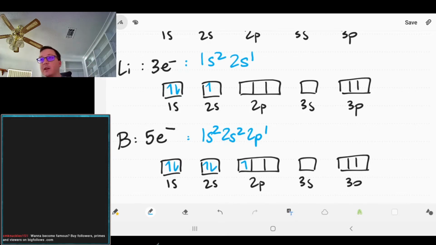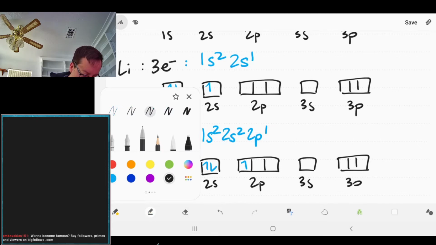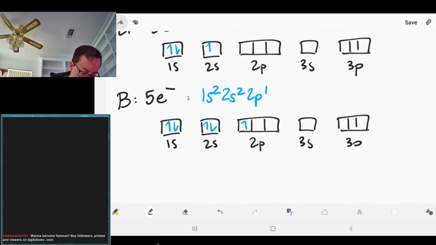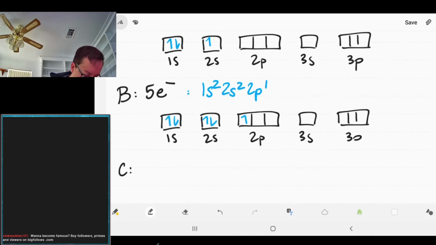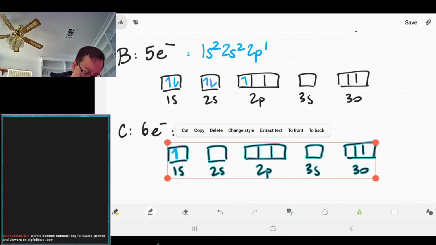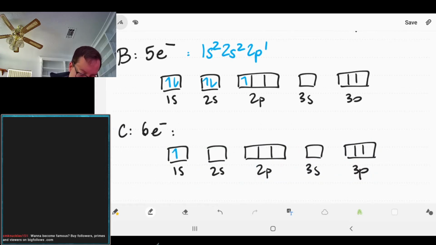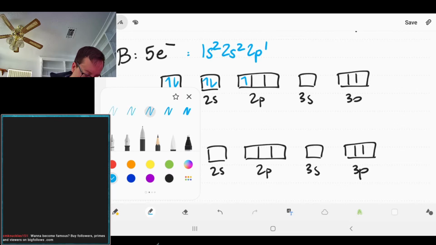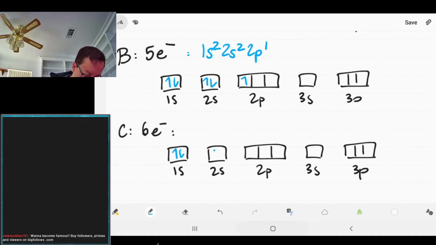The other thing next we need to worry about is, with this 2p business, if we look at carbon, which has got 6 electrons, and we take our boxes here, we can put the first 5 in, no problem. But now we have to decide, do we pair that off, or do we move to the next box of the P?